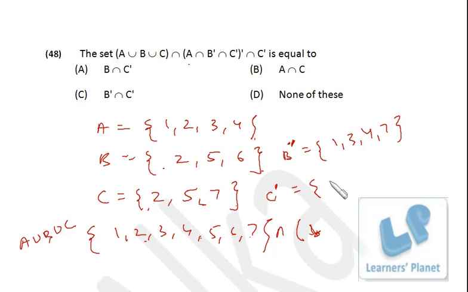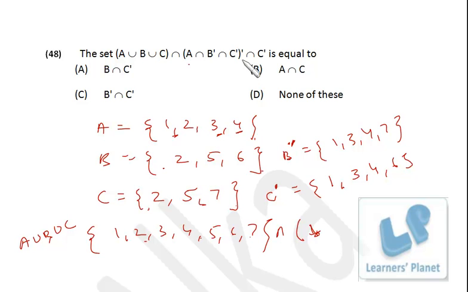C dash is equal to 1, 3, 4, 6. So that is C dash. So for A intersection B dash intersection C dash: A is 1, 2, 3, 4, B dash is 1, 3, 4, 7, C dash is 1, 3, 4, 6. So 1, 3, 4 is common among A, B dash and C dash.